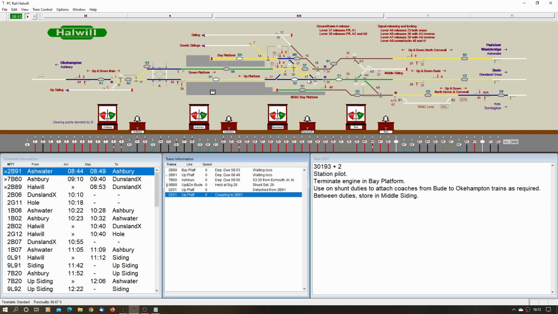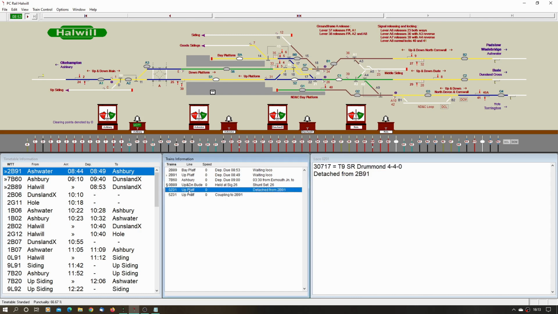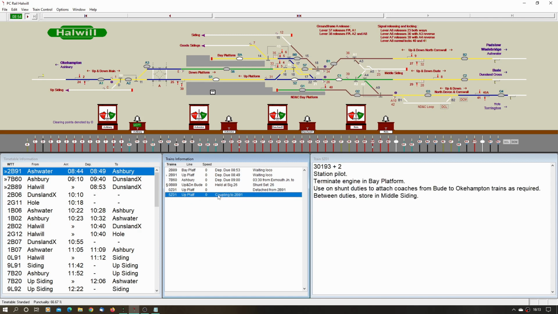Yeah, that screwed me a bit there. I can't get that one across. Perhaps it's because I've uncoupled that locomotive first. It creates a gap. I'm not going to be able to signal this back, I don't think, either.